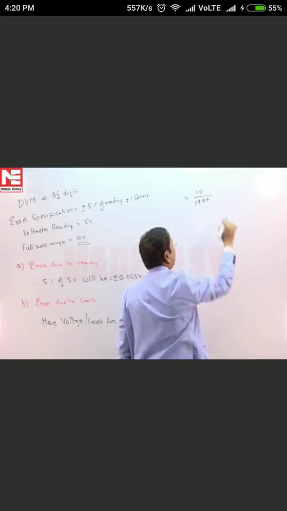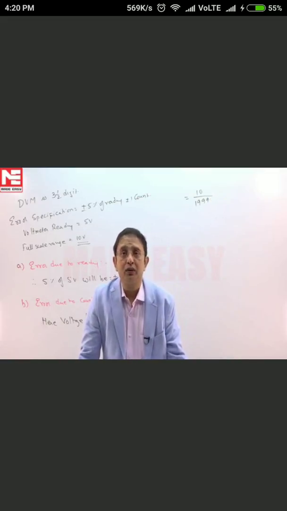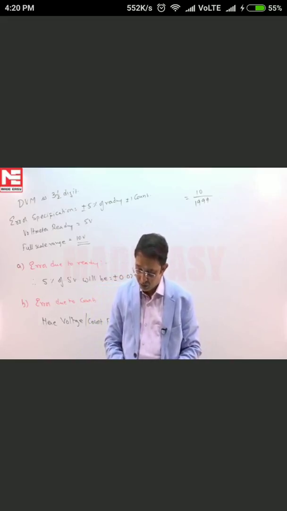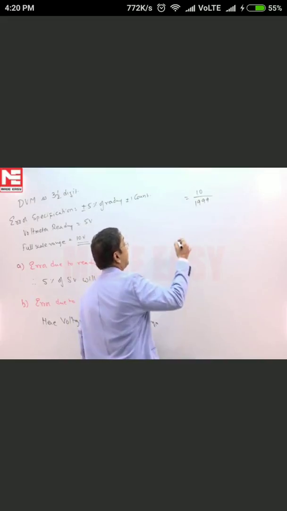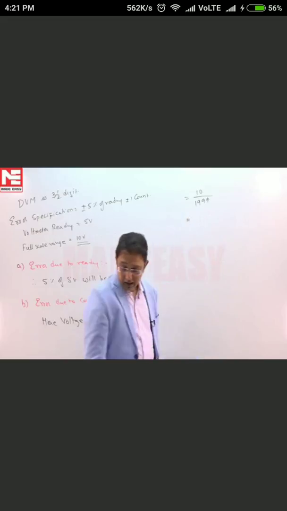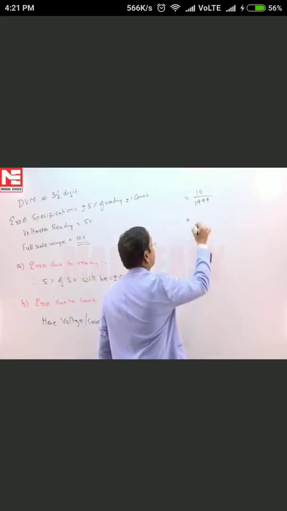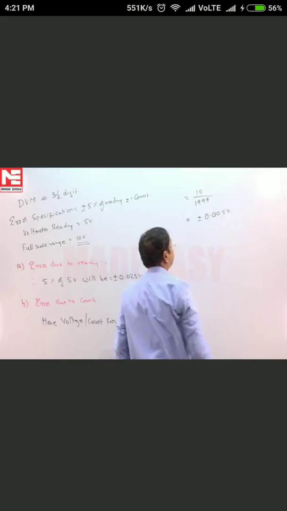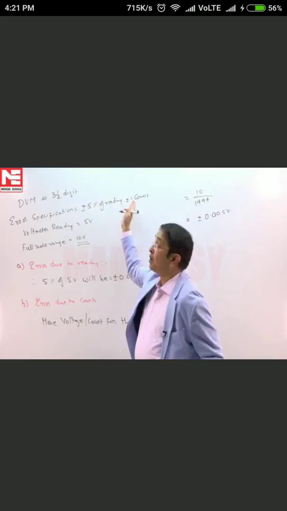Whether you take it as 1999 or count 0 also, it could be 2000 counts. Whether you take 1999 or 2000 is not going to make a major issue. So the error in this case is going to be 10 divided by 1999, which is equal to plus or minus 0.005 volts. The error has been specified as plus or minus 1 count.